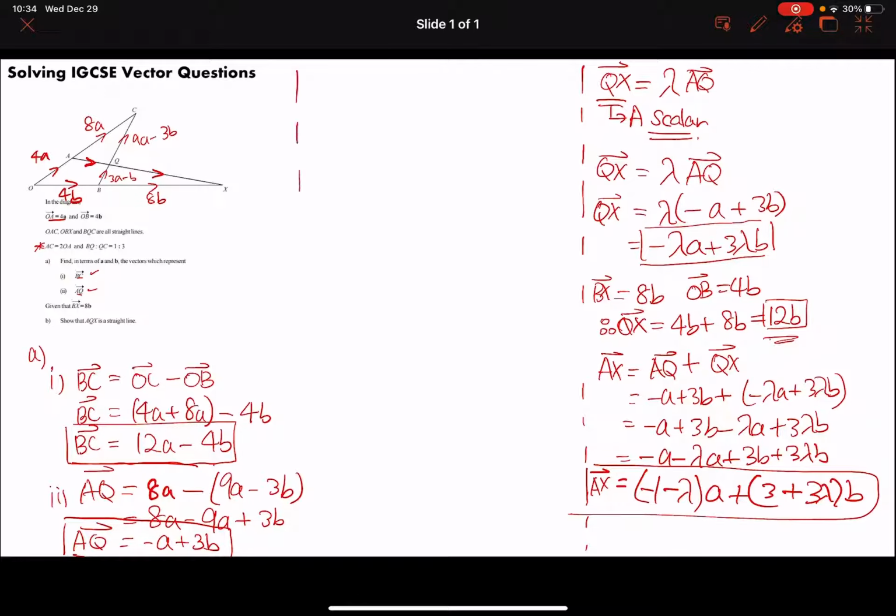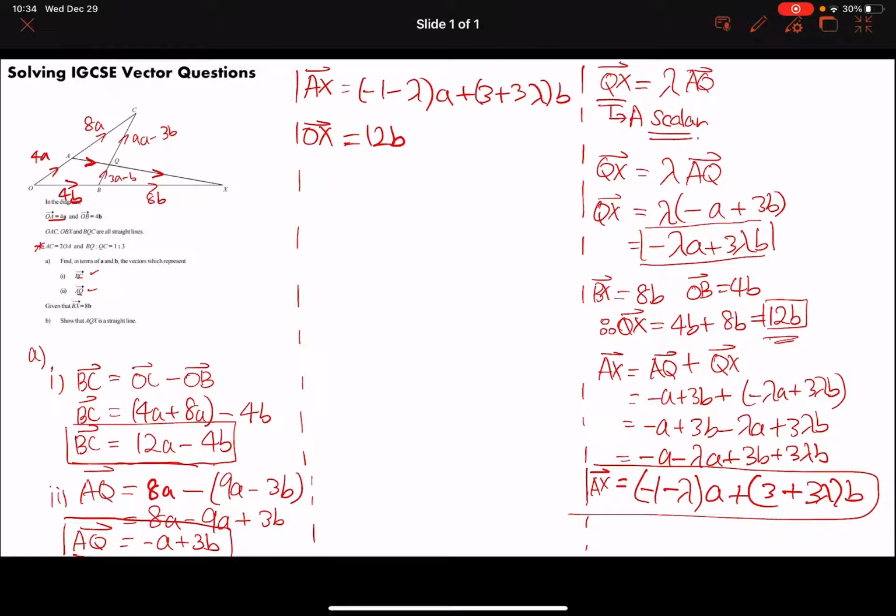We draw a line over here. Now we know AX equals negative 1 minus this A plus 3 plus 3 this B, and we know OX equals 12B. So we know these things.